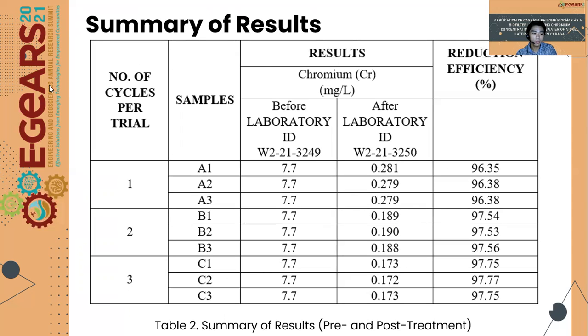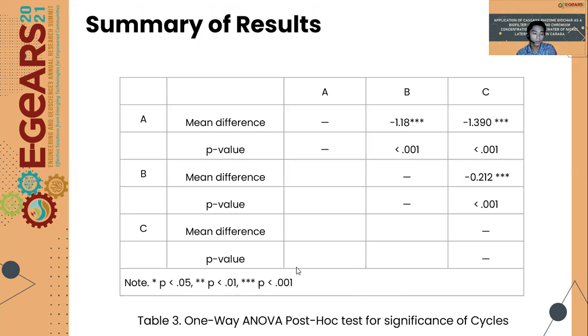The summary of the results shows the before and after concentration and the reduction efficiency rates of each column. Table 3 uses one-way analysis of variance post hoc test for significance of cycles.